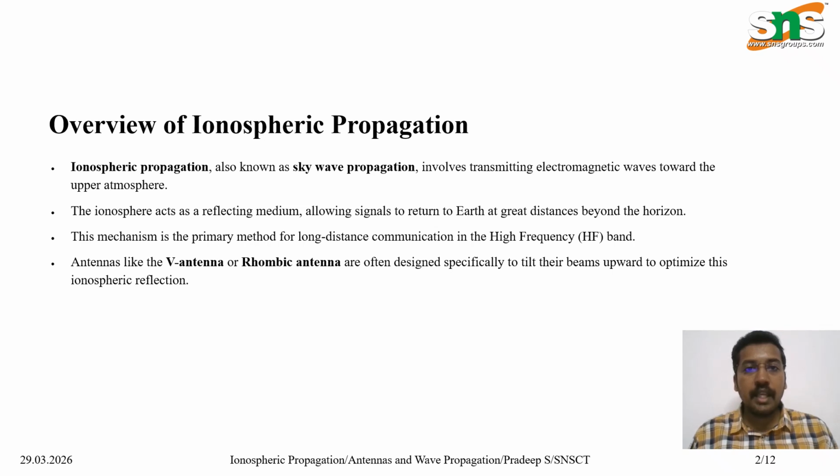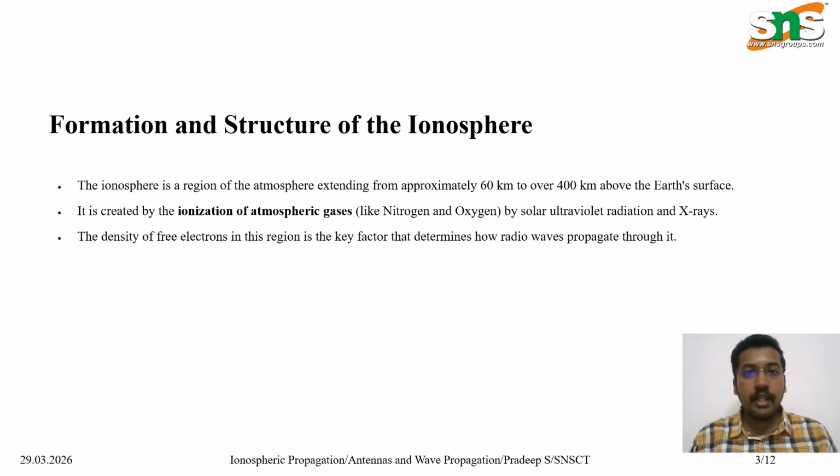To achieve this, antennas such as V antennas and rhombic antennas are designed to direct their signals upward at suitable angles. The ionosphere is a region of Earth's upper atmosphere, extending roughly from 60 kilometers to more than 400 kilometers above the surface.